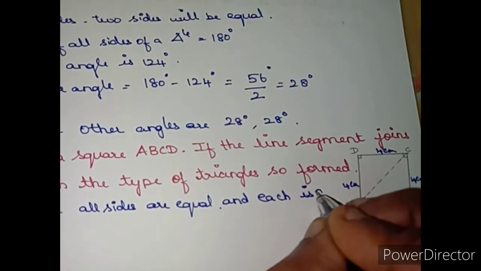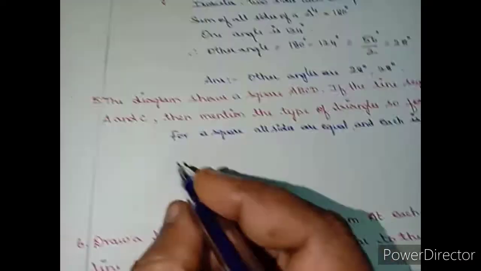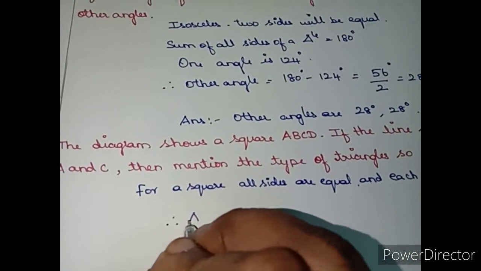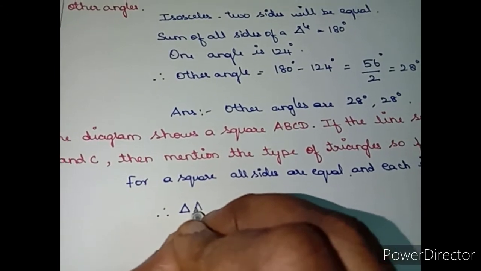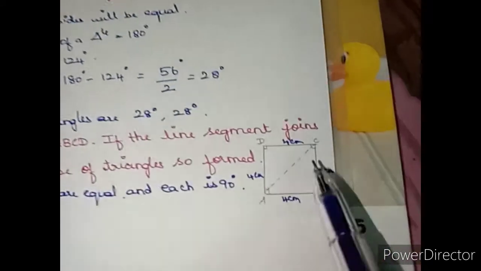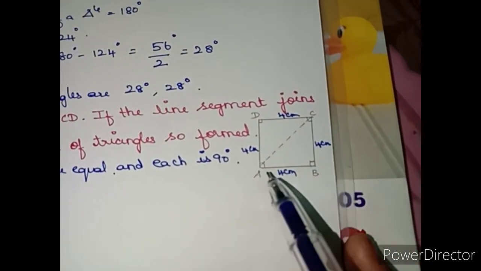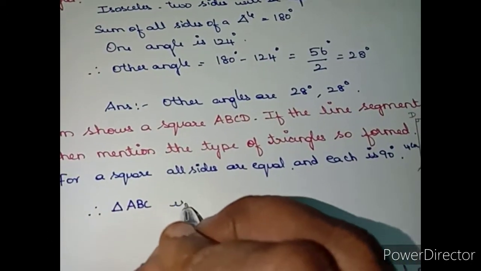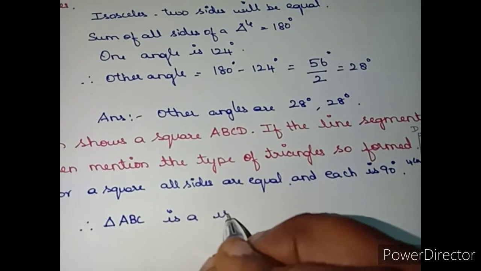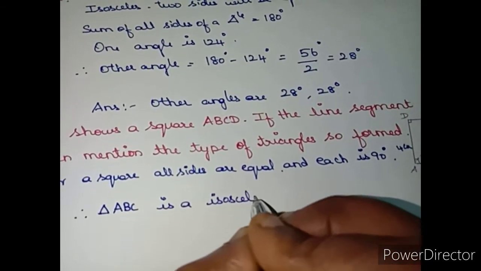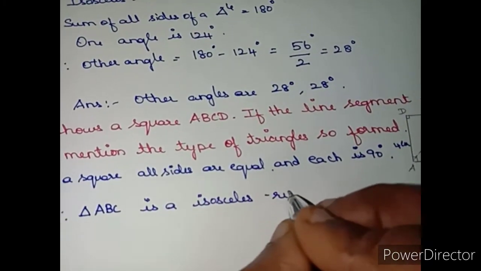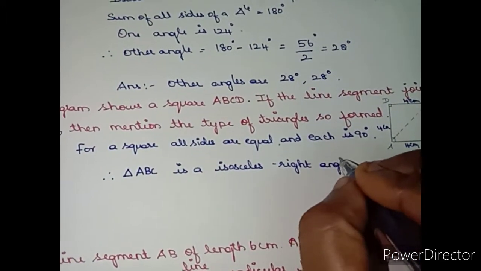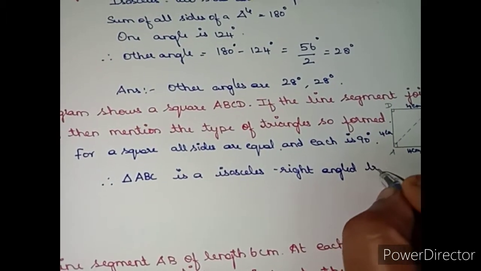Each is 90 degree. Therefore, triangle ABC, if you see this ABC, triangle ABC is an isosceles right angled triangle.